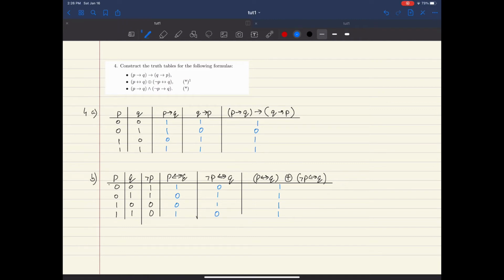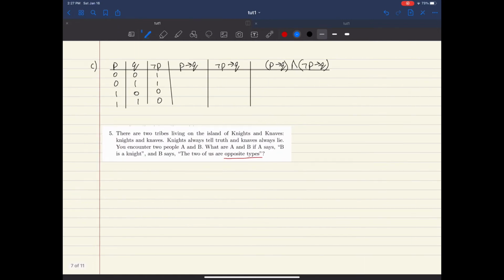For the third part, we have P implies Q and not of P implies Q. So for P implies Q, we know it's 1 when Q is 1, and when both P and Q are 0, it's again 1. For not P implies Q, I seem to have made a mistake.